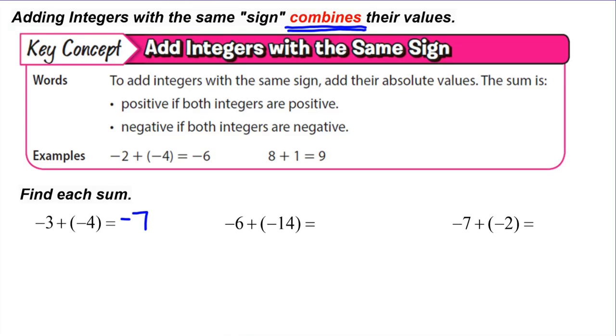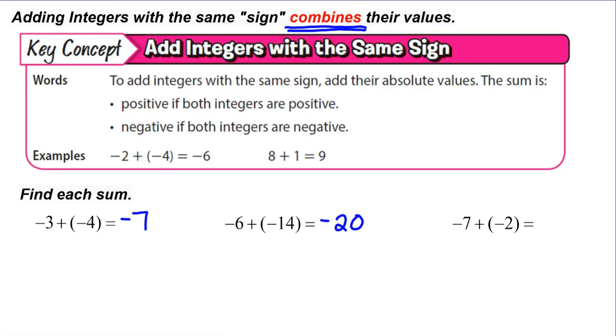They're both negative, so they're both moving in the negative direction on the number line. So I move 6 left on the number line, and then I move another 14 left on the number line. So I add more negative to that. That moves me to the left even further on the number line. That's going to put me at negative 20 on the number line because I combined those values together. 6 negatives plus 14 negatives is a total of 20 negatives.